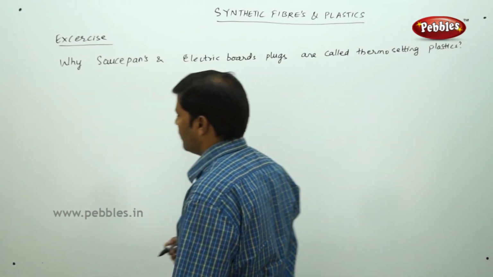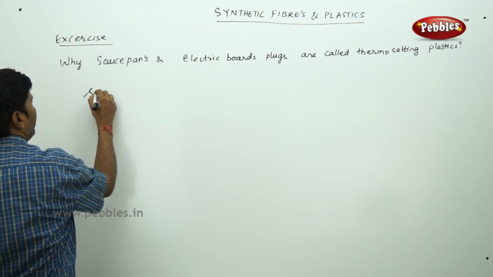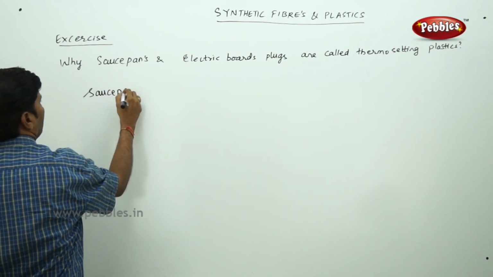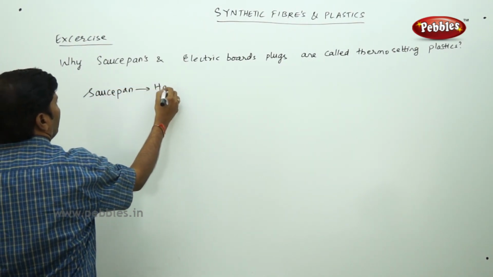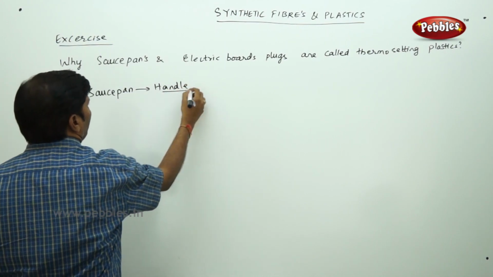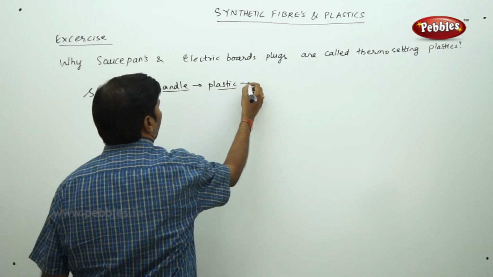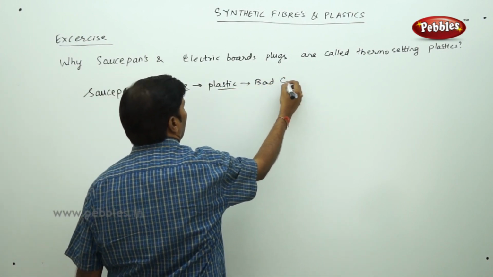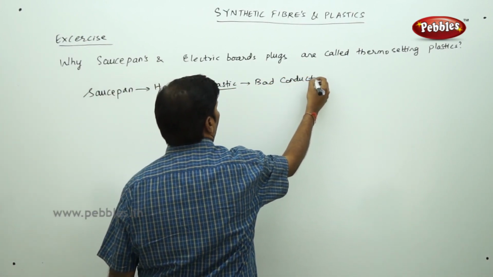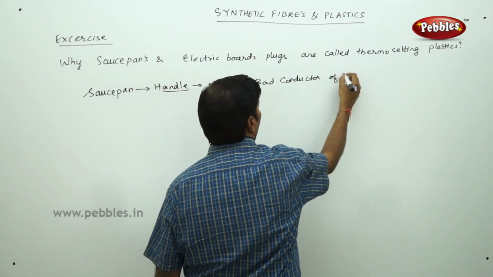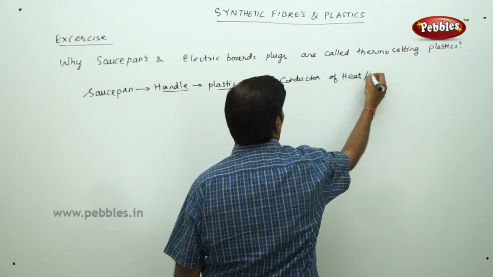It is because if you take a saucepan, it has a handle made up of plastic. This plastic is a bad conductor of heat and electricity.